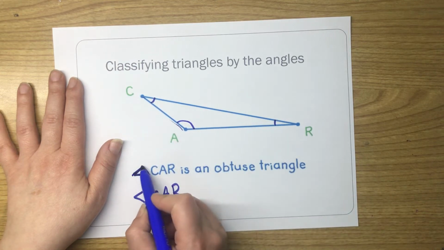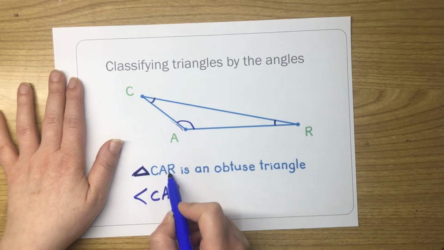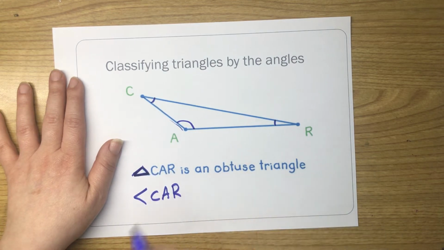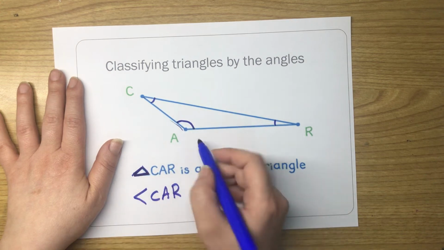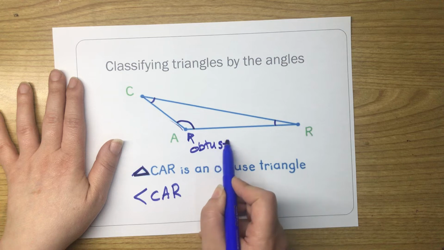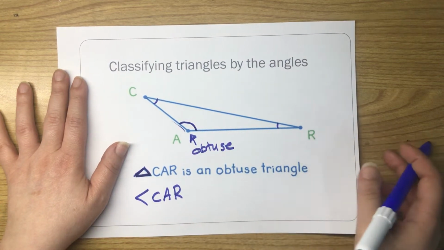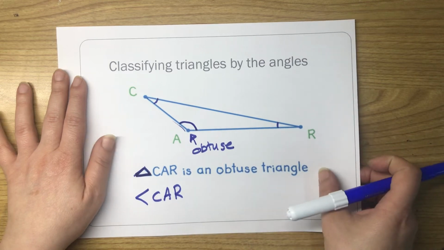So you have to put the symbol of a triangle. The triangle CAR is an obtuse triangle. Why? Because it has an obtuse angle. So the first one is classifying triangles according to the angles. This is an obtuse angle.